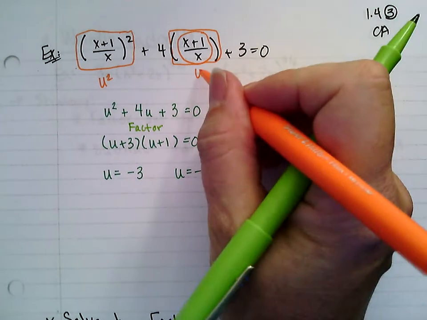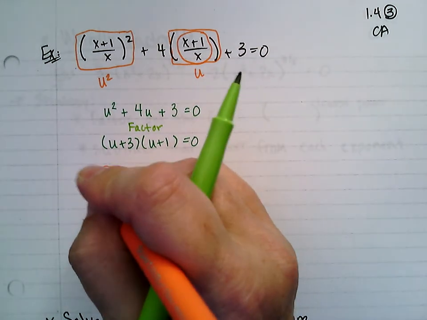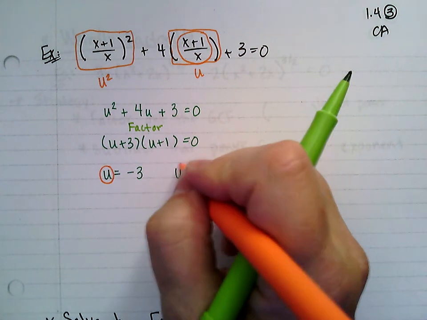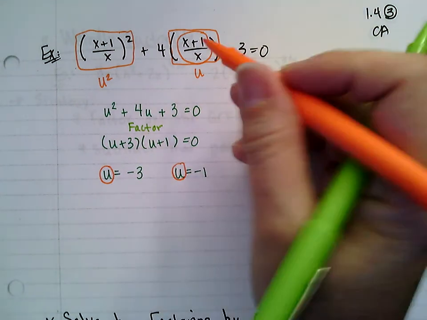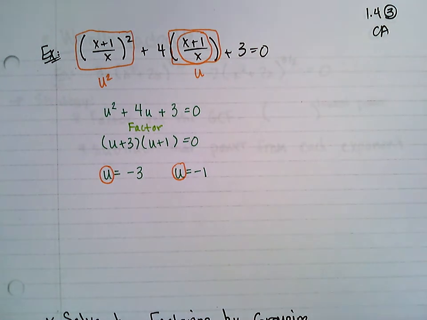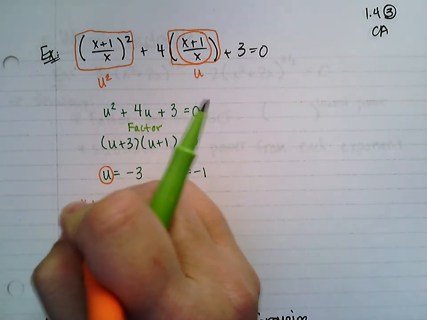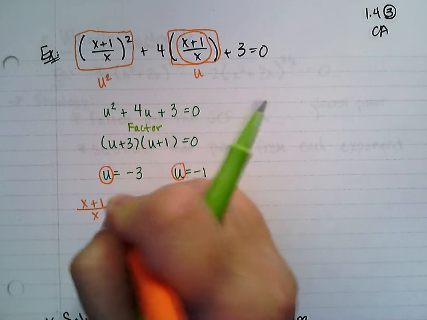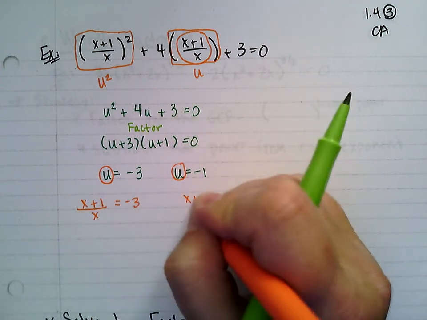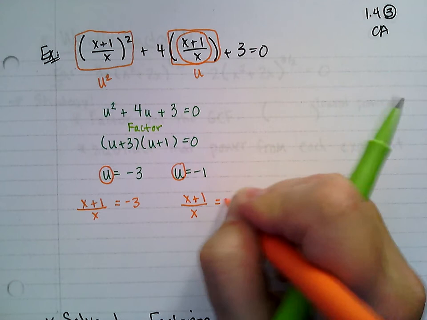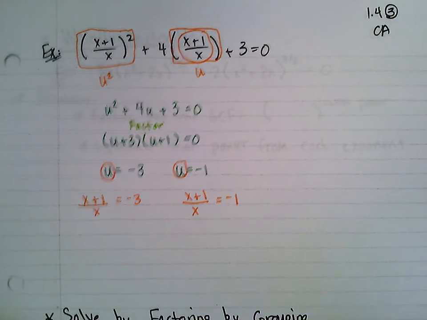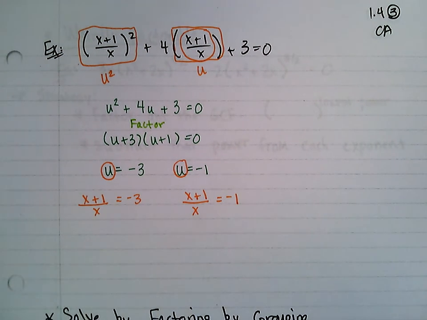So I'm going to go back and replace these u's with what I had initially replaced in the first place. So this is going to be x plus 1 over x equals negative 3. X plus 1 over x equals negative 1. And then I solve both of those equations.